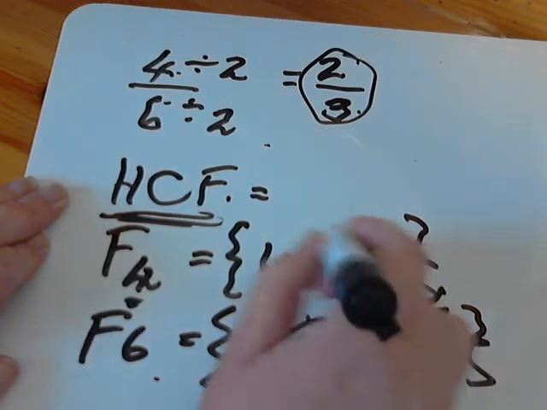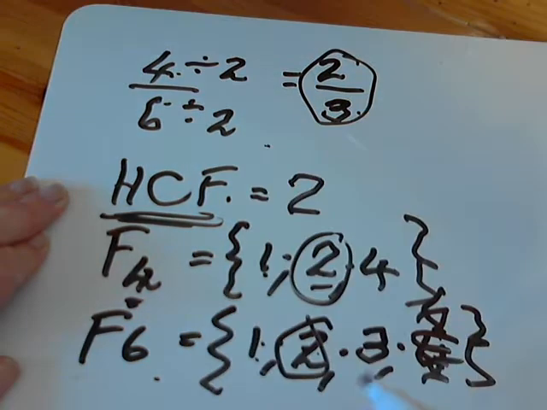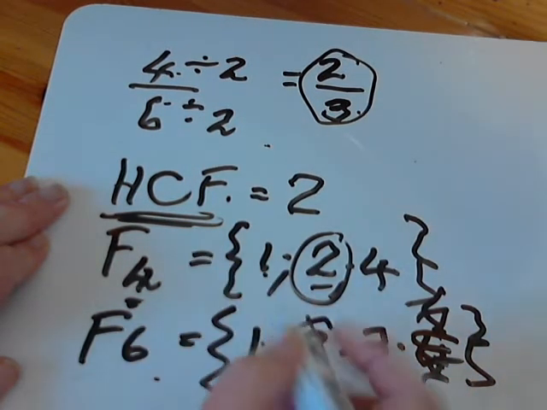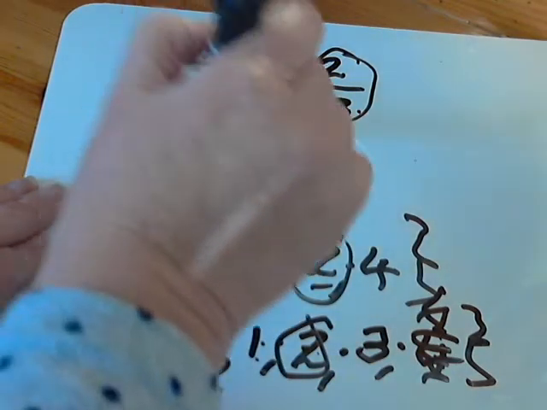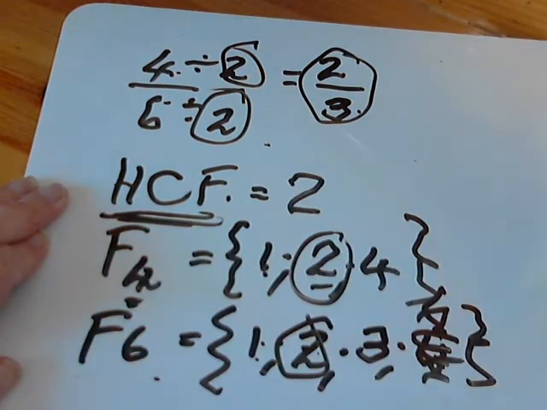So the highest common factor would be 2. Your highest common factor here is 2, and that is why we divided by 2 at the top.